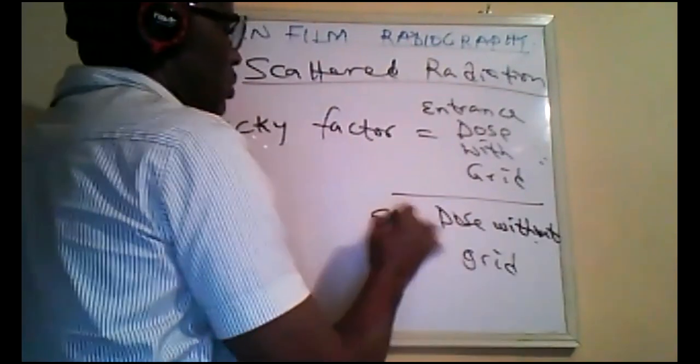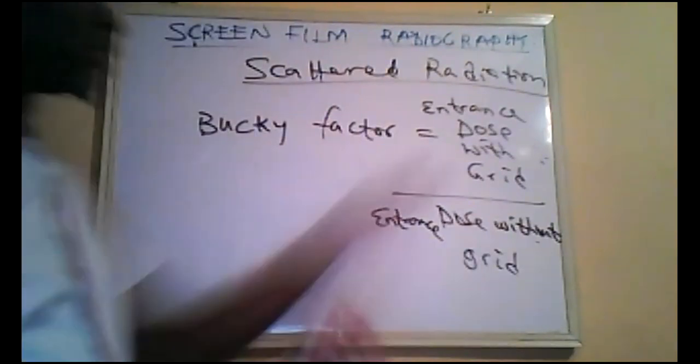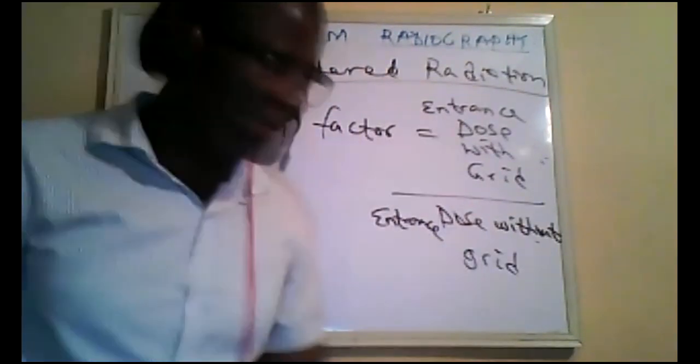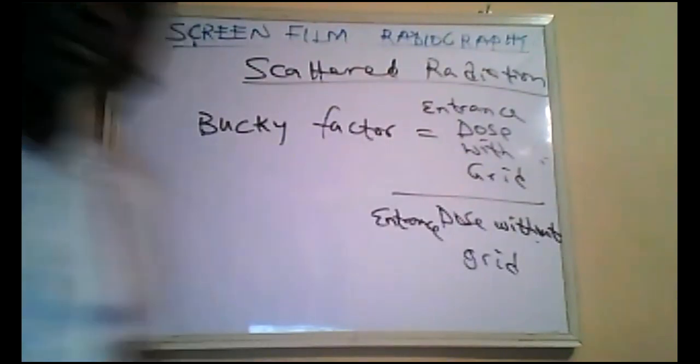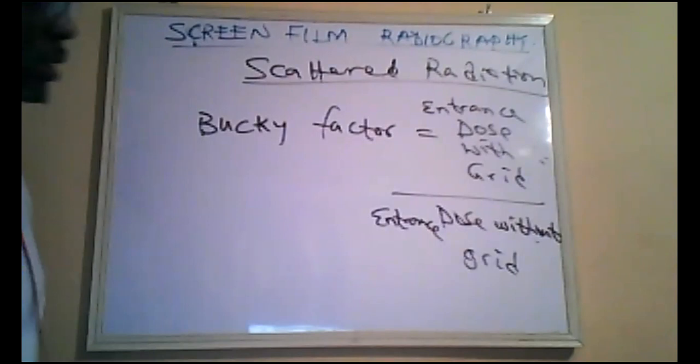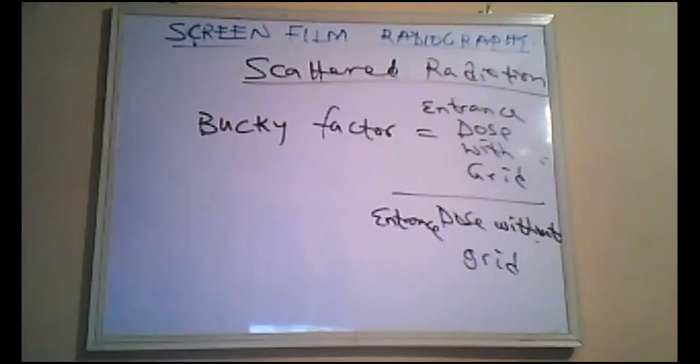You get the value of the entrance dose when you have the grid there. You also remove the grid and you want to get the entrance dose. This is going to give us a value, and the value it gives us is the Bucky factor.